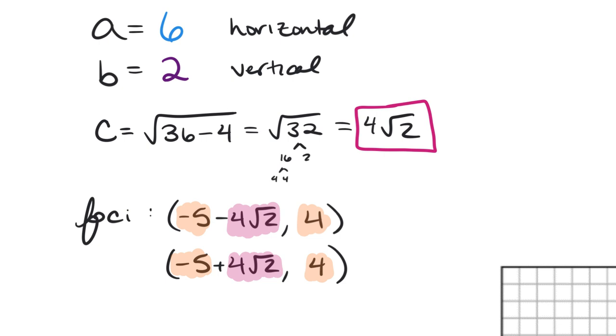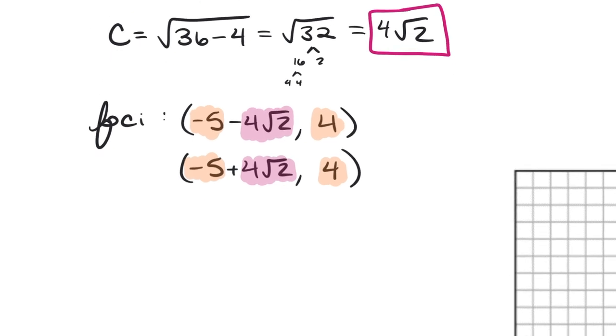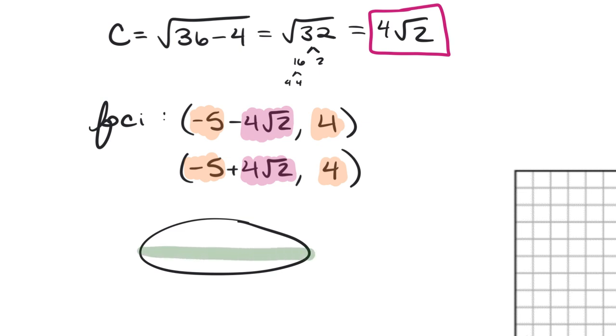Why is it added to the x coordinate instead of the y? Why is the C in the middle? So for this one, because this is a horizontal ellipse, let me draw a little sketch for you. Since this is a horizontal ellipse, I know that my major axis goes like this. I know that that means that the center would be here and the vertices would be here.